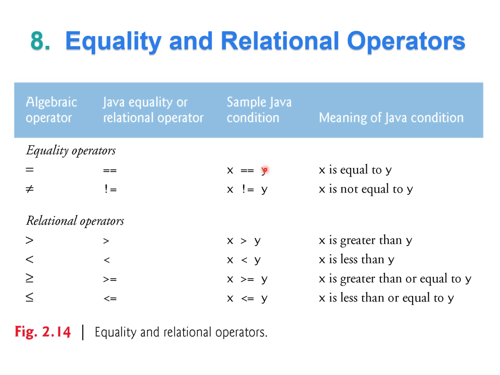Recall that in mathematics or algebra, when you compare if x is equal to y or not, you use only a single equal sign. But in Java and also in C and C++, you have to use two equal signs to denote the comparison, because a single equal sign means assignment.